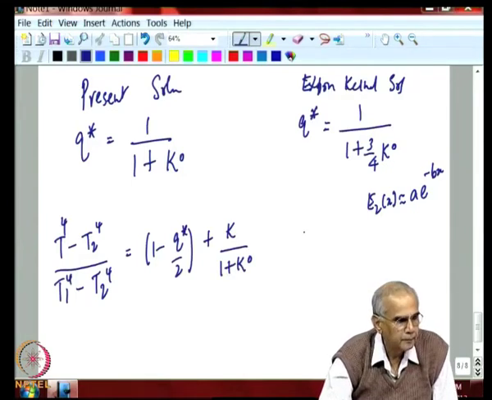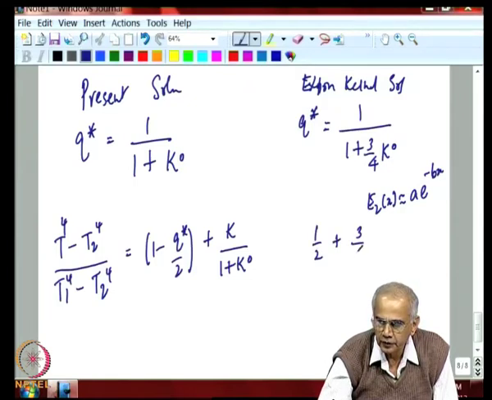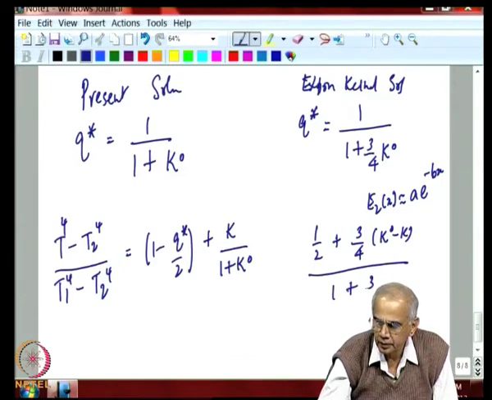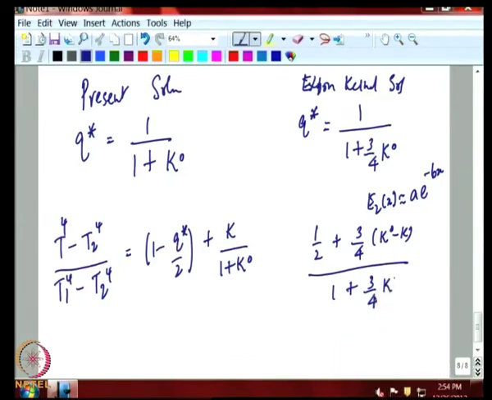Well, on this side, if you recall, it was half plus 3/4 kappa 0 minus kappa by 1 plus 3/4 kappa 0. Now, these two may not look alike, but they are quite close in their functional forms.